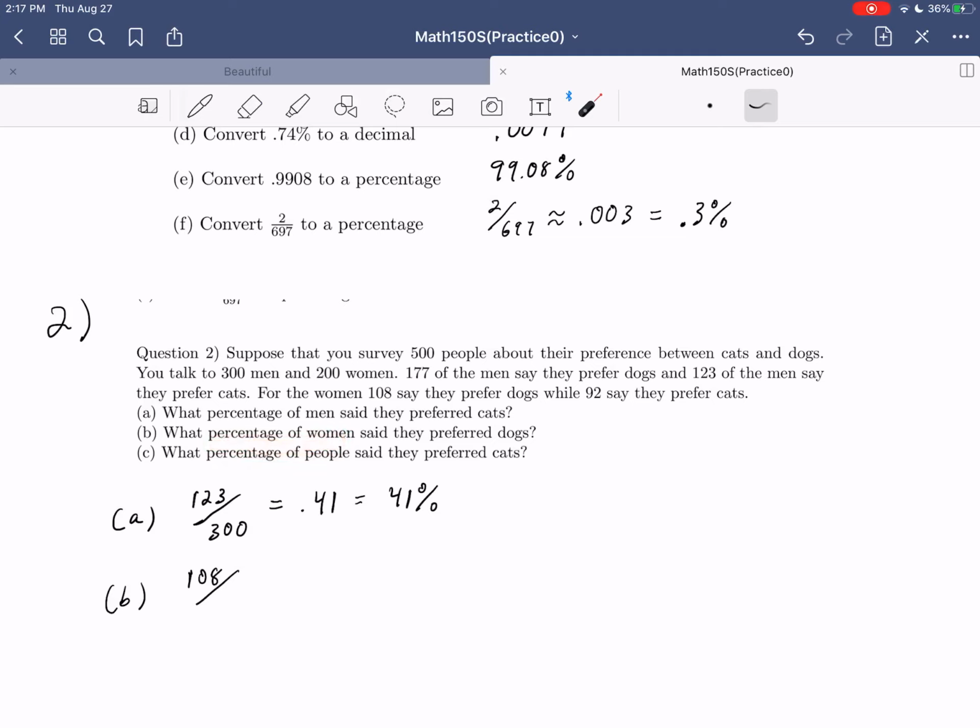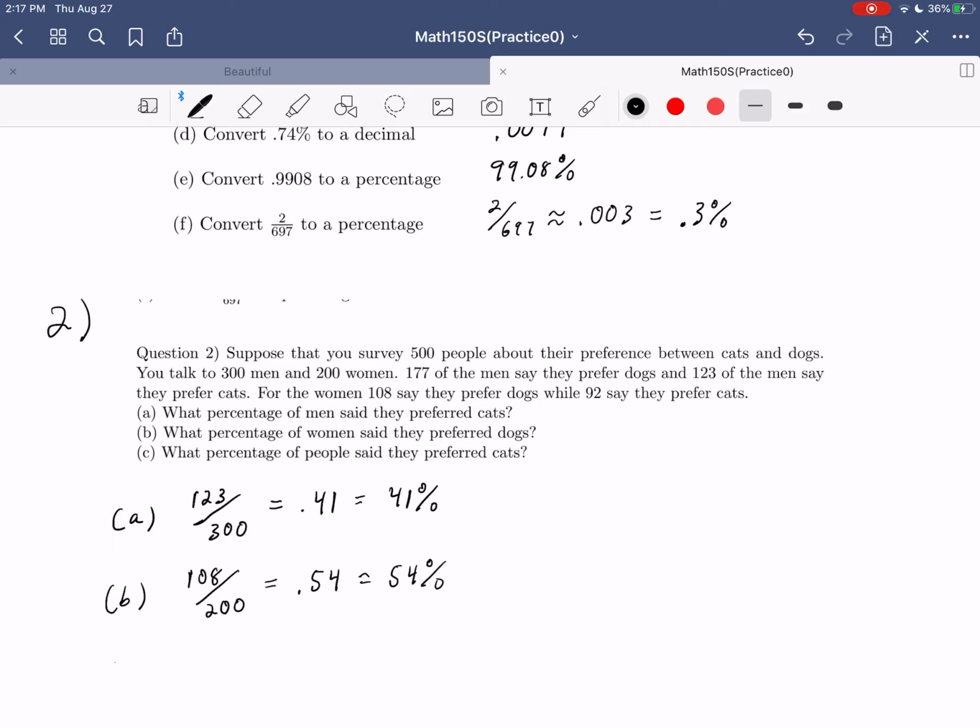So it's telling us out of the total amount of women. There were 200 women, so it's 108 out of 200. We can do that on our calculator. 108 divided by 200. You should get a decimal of 0.54, which then as a percentage is 54%. So we could say that 54% of women in our sample said they preferred dogs.